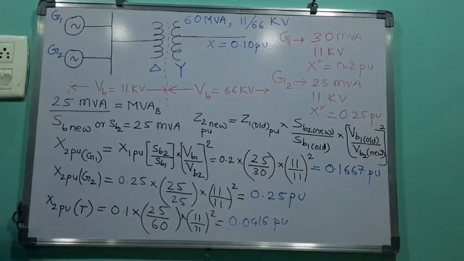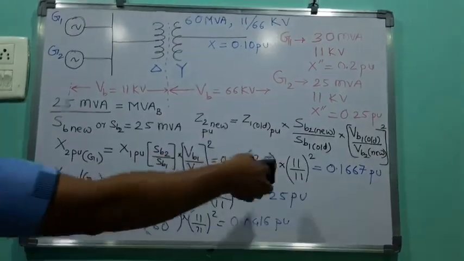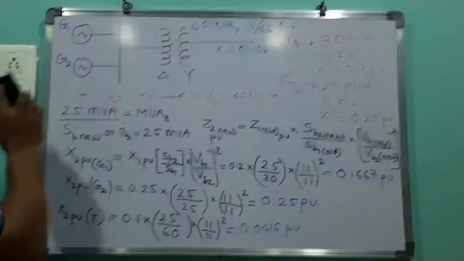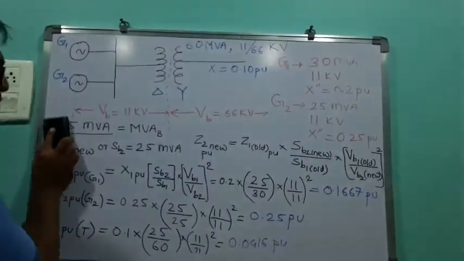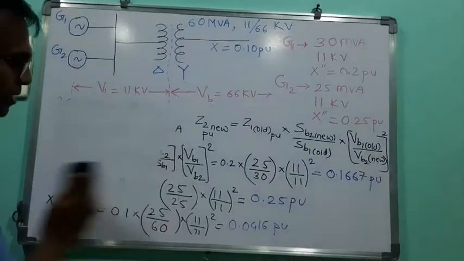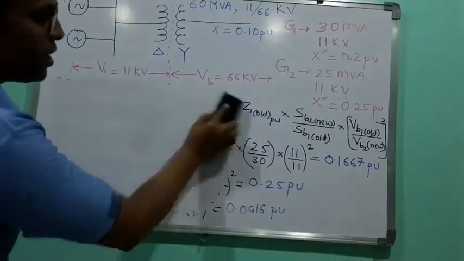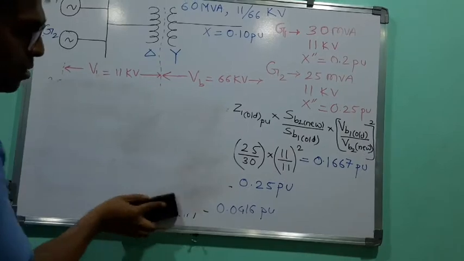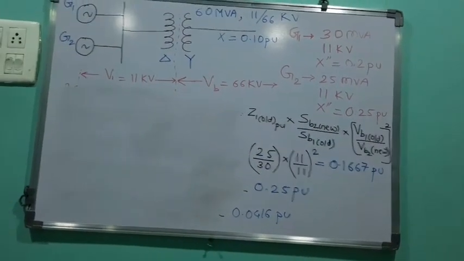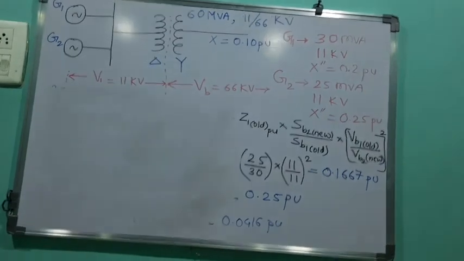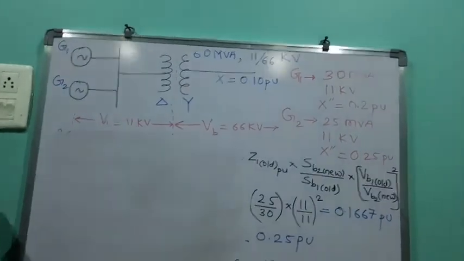Now you have to draw the reactance diagram and write down these particular values. So how to draw the reactance diagram? What is the basic aim? We have to draw the diagram like this.